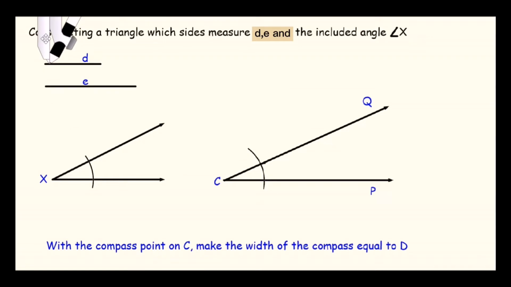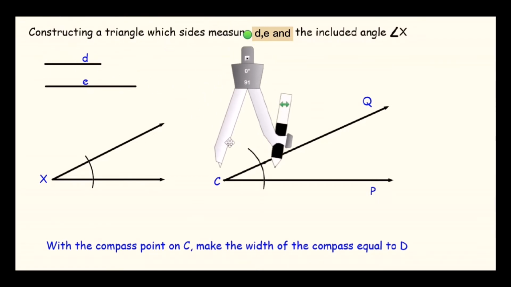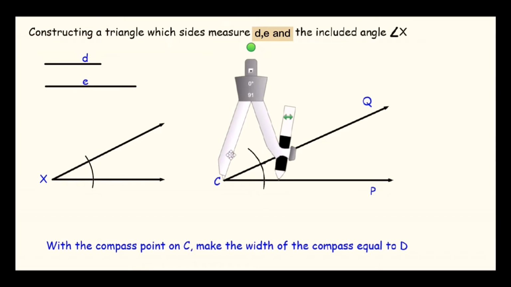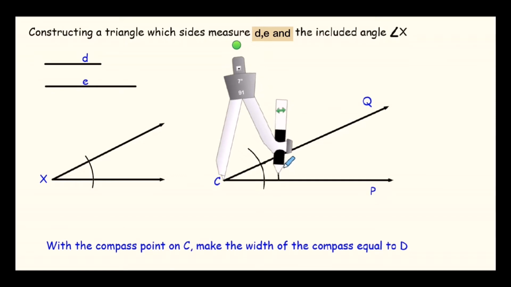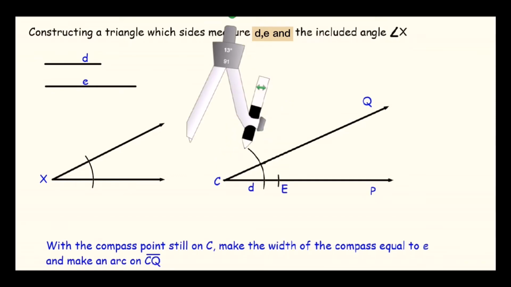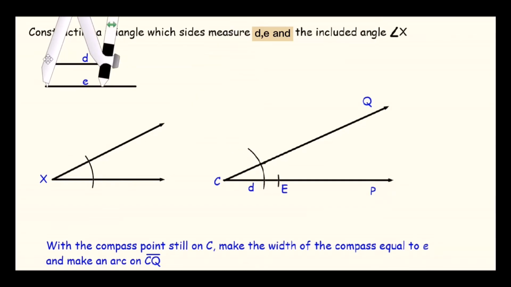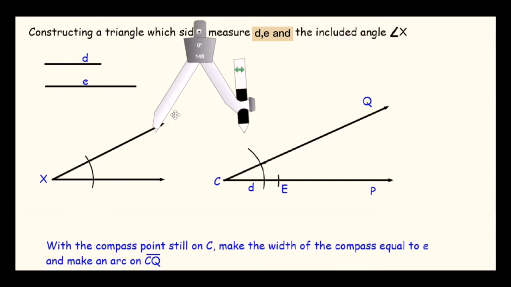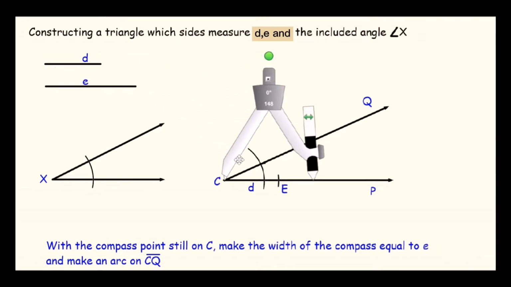With the compass point on C, make the width of the compass equal to D and make an arc on ray CP. With the compass point still on C, make the width of the compass equal to E and make an arc on ray CQ.